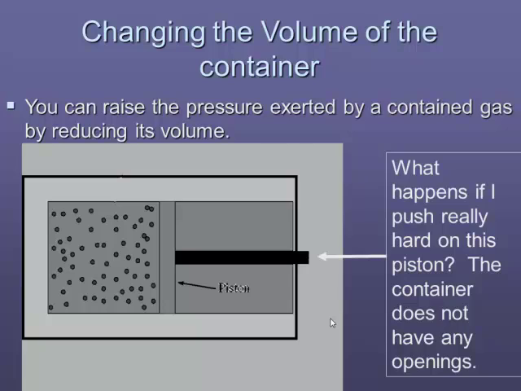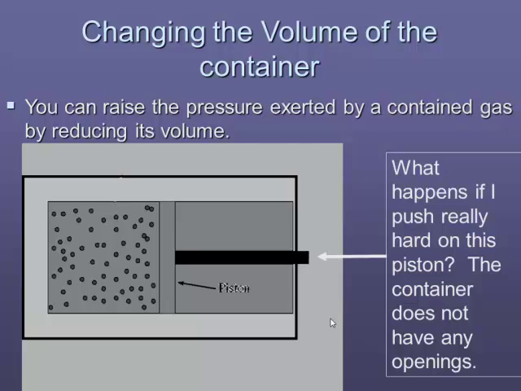So one of the things that I want to make sure you can visualize is that you can raise the pressure that is exerted by the gas particles inside of this little piston. Now, if you wanted to increase the pressure, what would you have to do to this handle? Would you decrease the volume, or would you pull it out and increase the volume that the gas particles are sitting in?